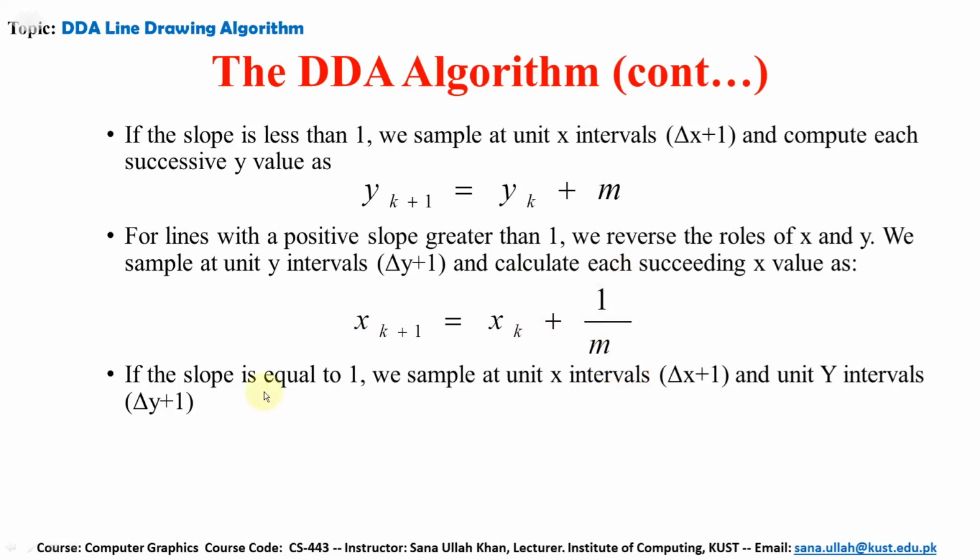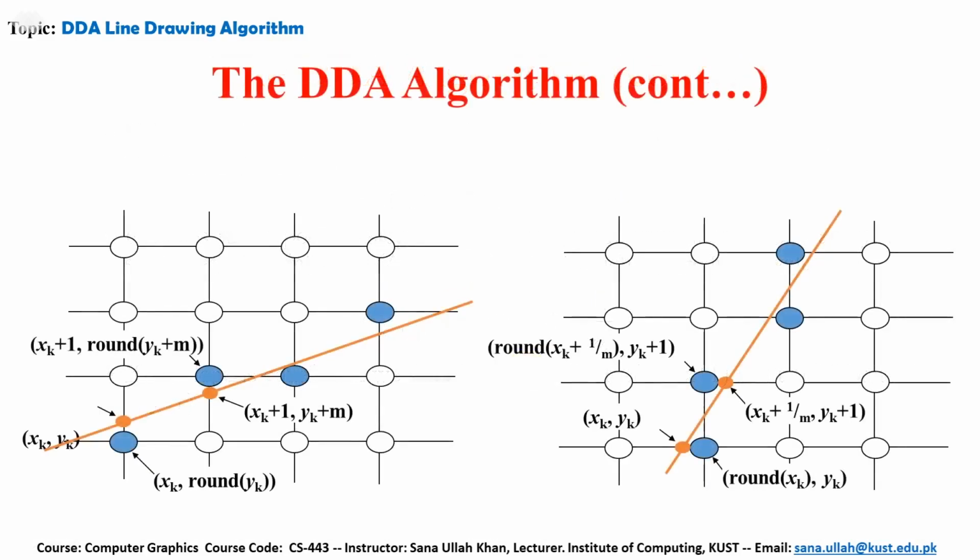If the slope value is equal to 1, then simply x will be increased with the unit interval and y will also be increased with the unit interval. So this is the example: here is xk and yk, and this is the further xk and yk.